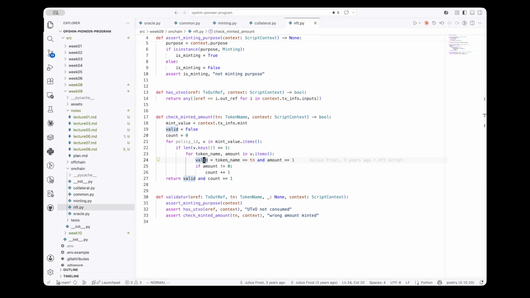And the count tally then ensures that only one policy in the whole transaction is doing any non-zero minting. So the subtle property here is that this checks not only that we mint one token of the one we want, but it also rejects any transaction that additionally mints something else under a different policy.